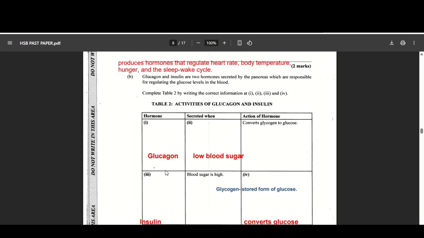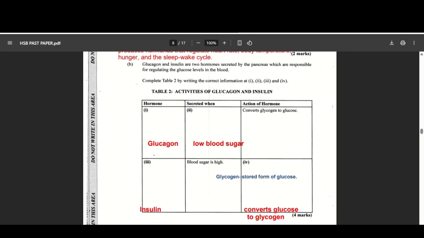So that's really the action behind glucagon and insulin, right? Glucagon sounds very similar to glycogen, because sometimes it's like a tongue twister, but they are two different things. So just know that glucagon converts glycogen to glucose, and then for insulin, just think about somebody who has diabetes.